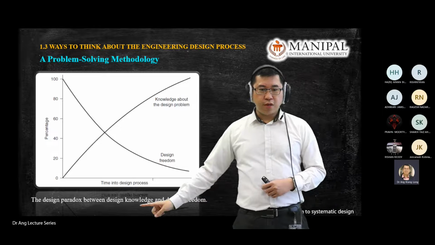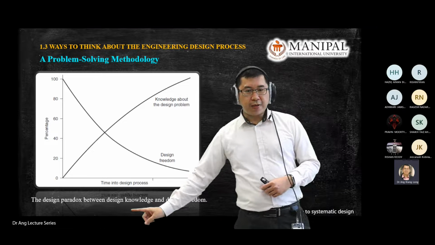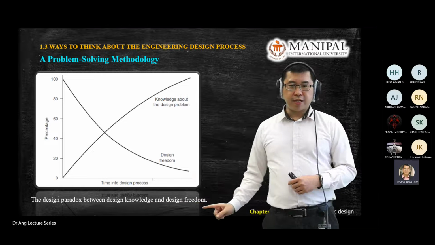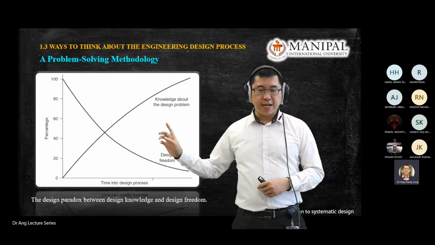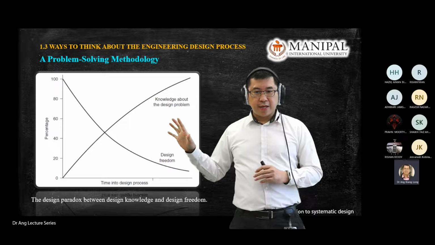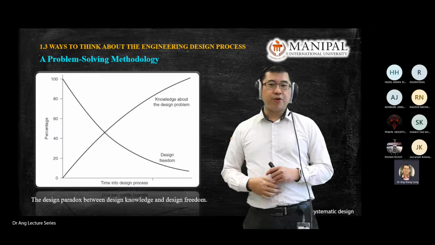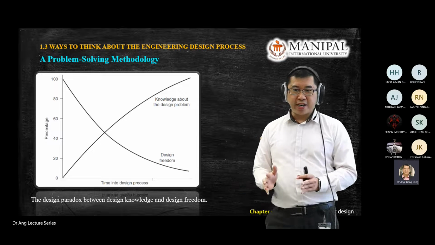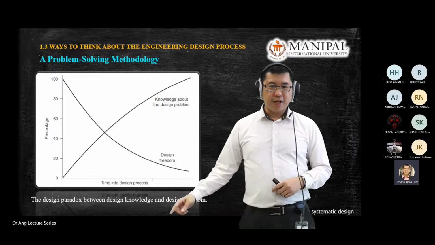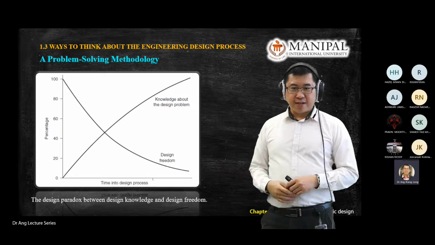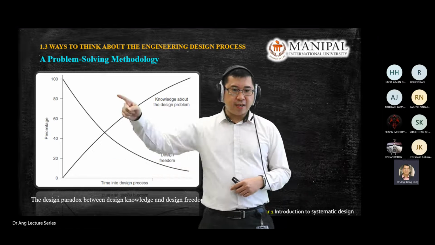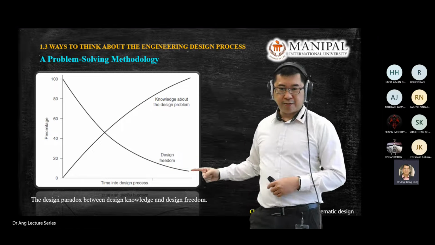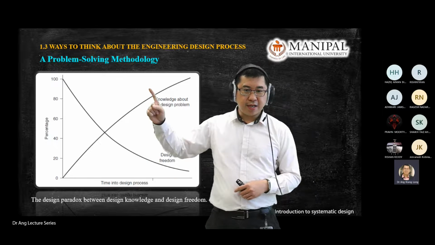So there are two, and we need to look at what happens to the design knowledge and freedom when we discuss this. It is just an illustration of the scenario that you will face in Capstone 1 and Capstone 2. How to read this graph? Okay, now you have 2 lines here. One is the design freedom line. This is the knowledge line.